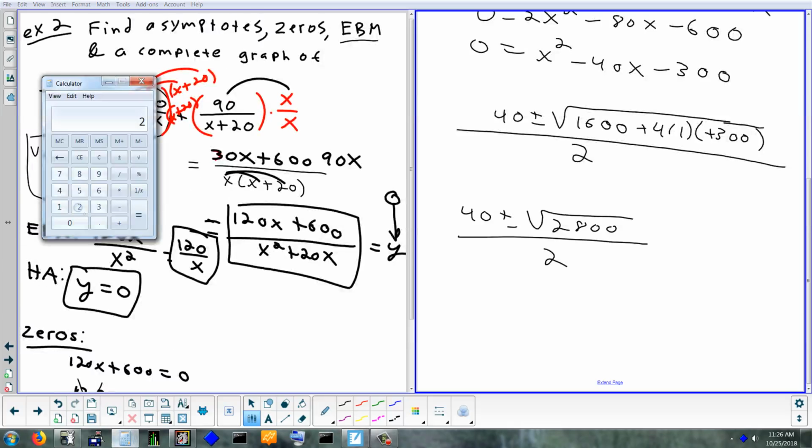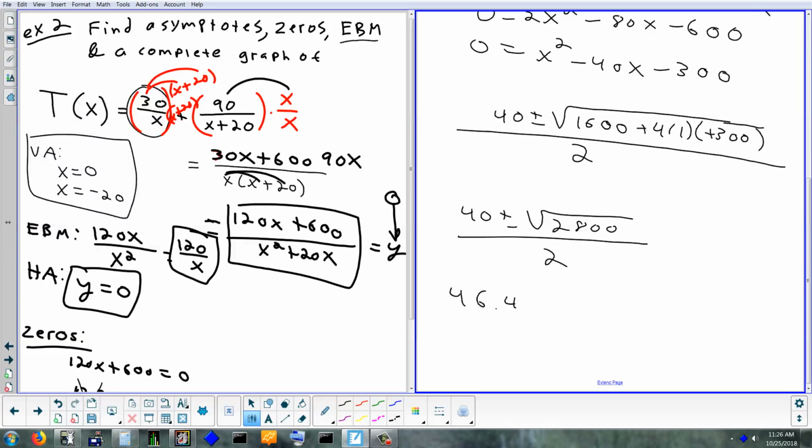The square root of 2800 is not a nice number, so there's no way we would have factored that. So that's the square root of 2800 plus 40, divided by 2. So it's 46.46 miles per hour. And that was x, which is the speed of the car.